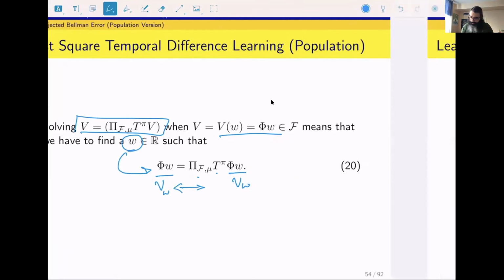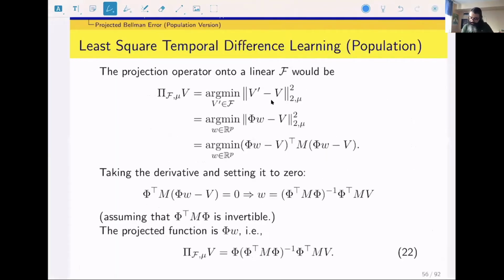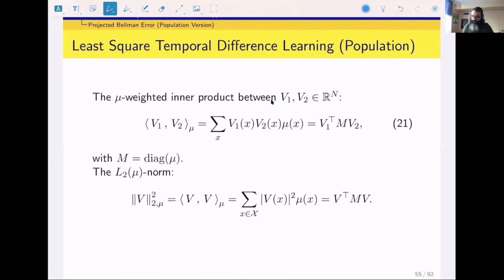Okay, so let's just introduce some notations. If we have value functions v1 and v2, first I want to define a mu weighted inner product between them, and then define the mu weighted norm.